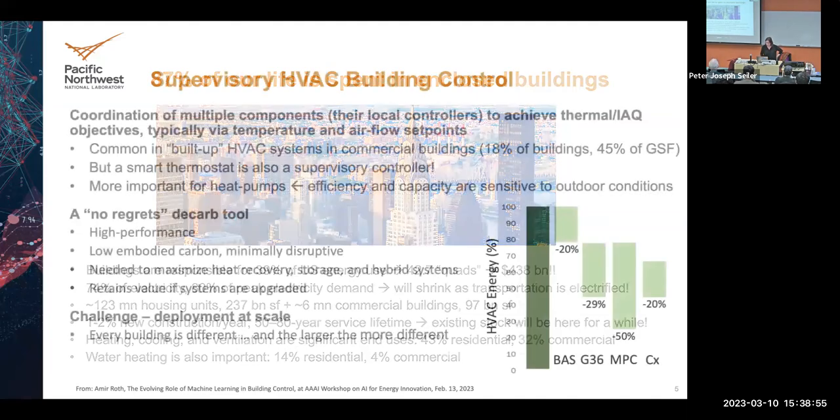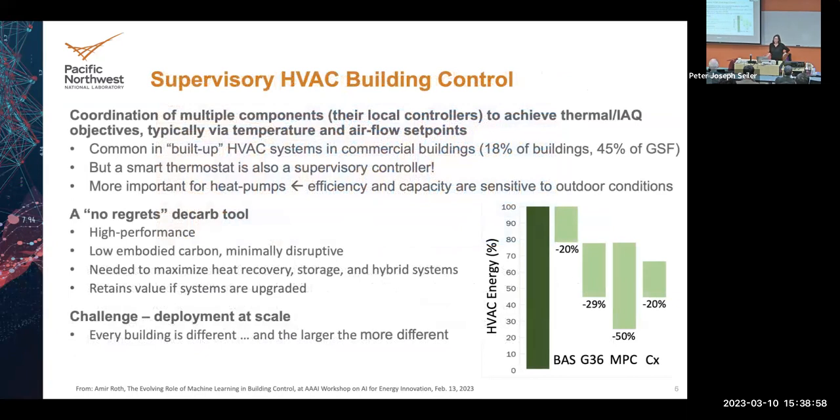So when I say reduce, what is the actual potential that we're talking about when you think about supervisory control? It's actually a very large potential for savings. And if you look at MPC, 50% of the energy consumption in the HVAC system alone can be reduced by advanced methods, so by predictive control. This has been demonstrated in many different instances and in many different demo sites.